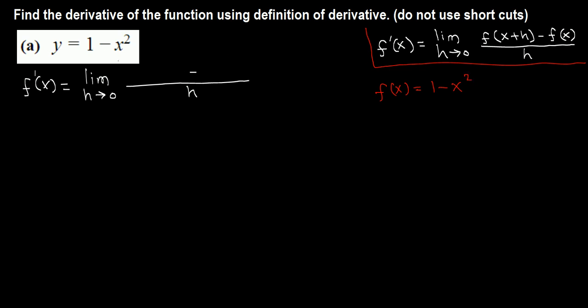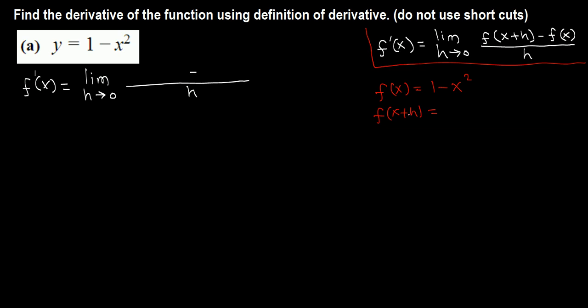Okay, and in this formula we need to find f of x plus h. So f of x plus h would be, look at this definition: the function f of any input is equal to 1 minus that input squared.